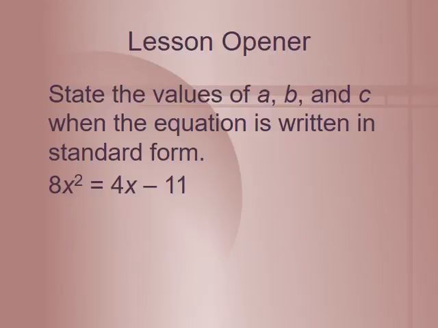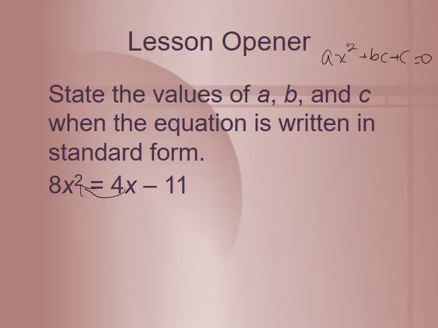So this problem says to state the values of A, B, and C. You might be able to just look at it and figure out what A, B, and C are, but let's go ahead and remember our standard form is ax squared plus bx plus c. So let's go ahead and put this in standard form.